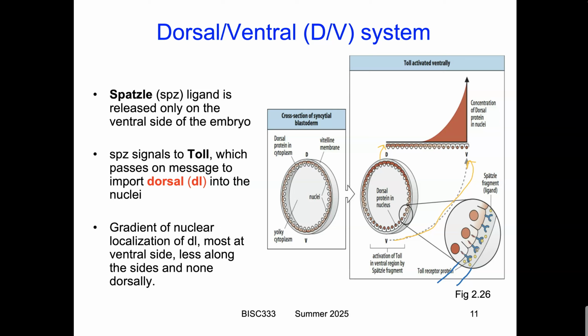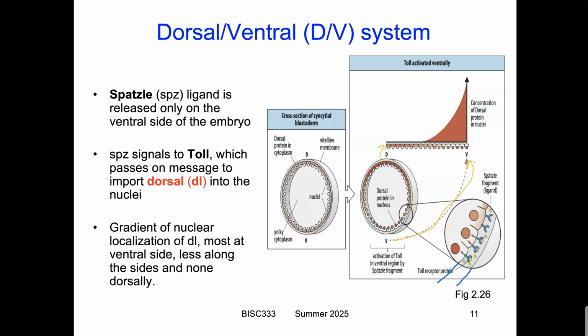Okay, so if you were to look along the whole embryo, the toll receptor is found throughout. So the toll receptor is everywhere around here, but only on the ventral surface do you have part of a ligand. There's a protein called Spätzle, which I'll talk about in a second, and it gets cleaved to form an active ligand. And that ligand then can diffuse across the little perivitelline space, binds to the toll receptor, and then that causes activation.